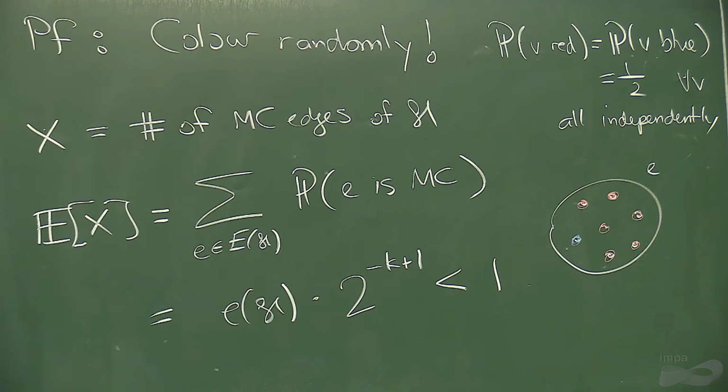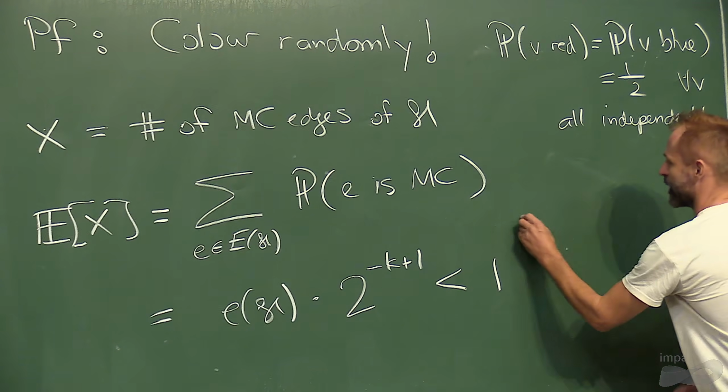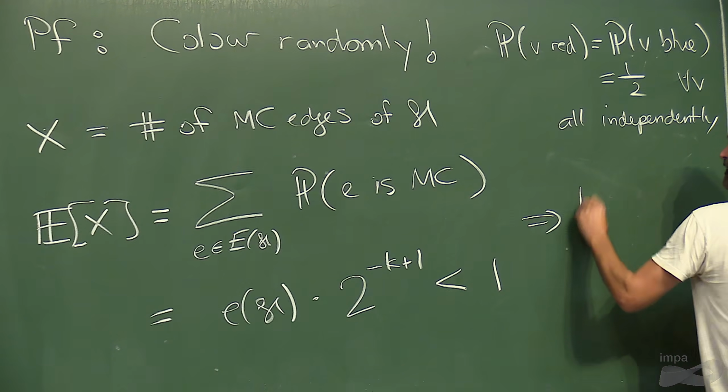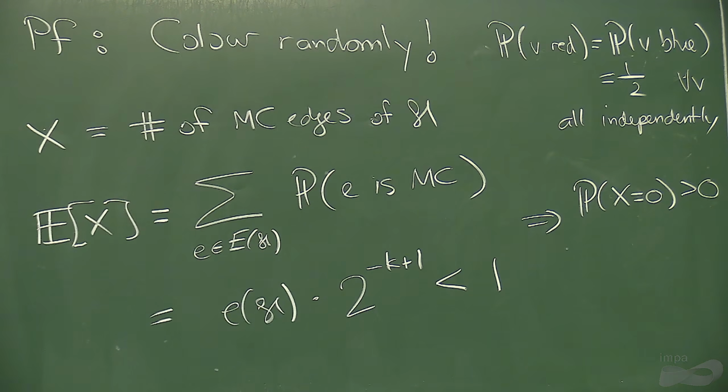It must be possible that x is 0. If the expectation is less than 1, this implies that the probability that x is 0 is positive. It can't never be 0. Otherwise, the average would be at least 1.